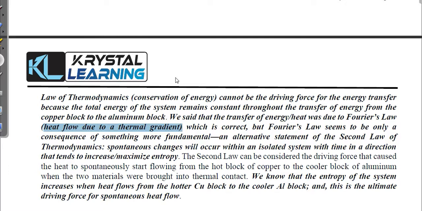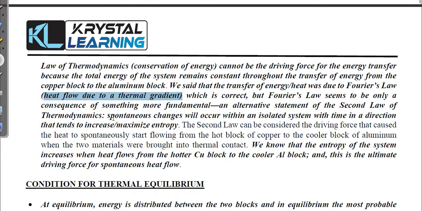So here the driving force is the thermal gradient given by Fourier's law, and Fourier's law is only a consequence of something more fundamental, an alternative statement of the second law of thermodynamics. The second law says spontaneous changes will occur within an isolated system with time in a direction that tends to increase or maximize entropy.